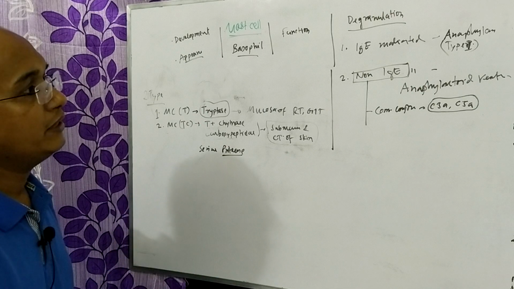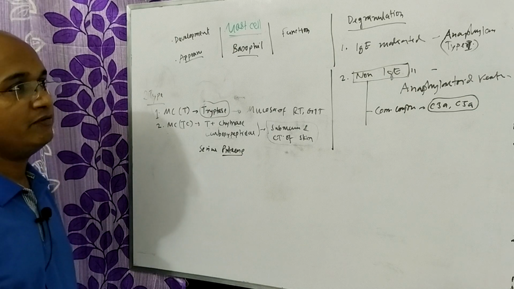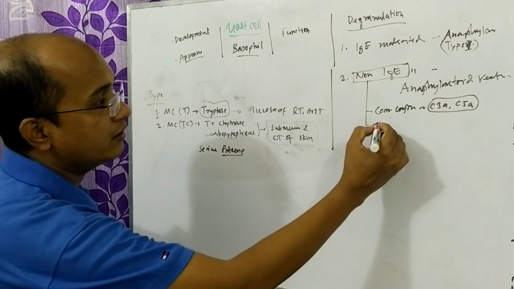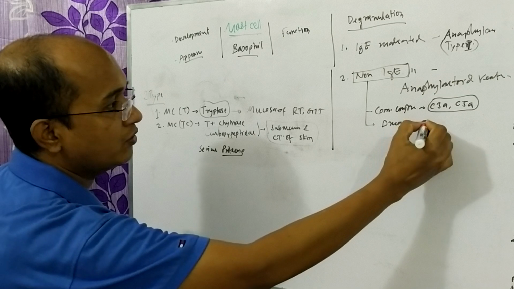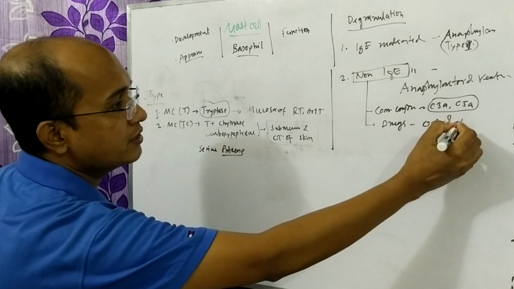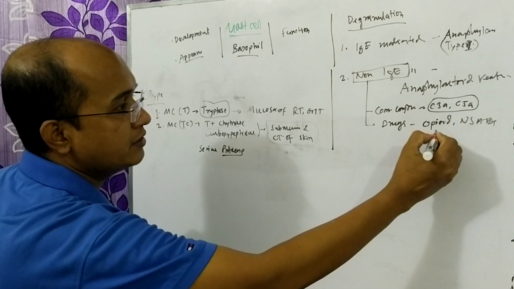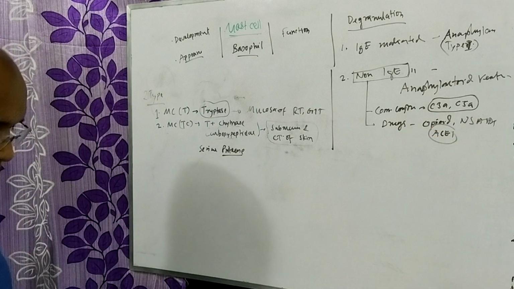These complement components can directly stimulate or activate the mast cell for its degranulation. Others are drugs like opioid, NSAIDs and ACE inhibitor, very important, ACE inhibitor.